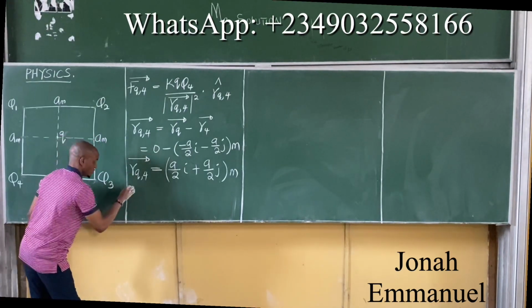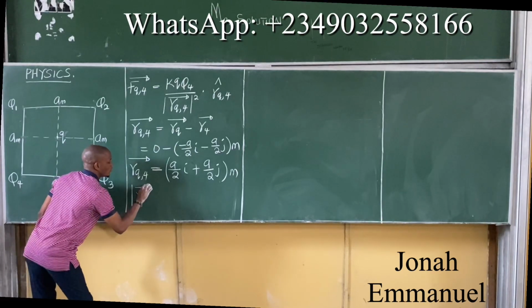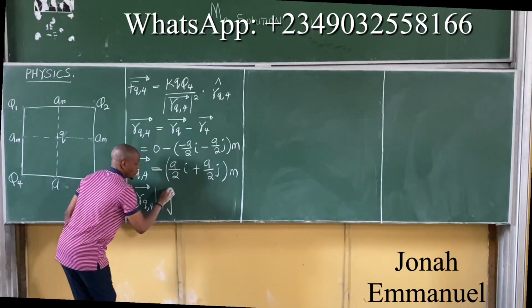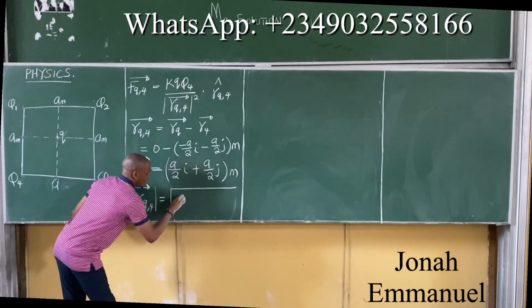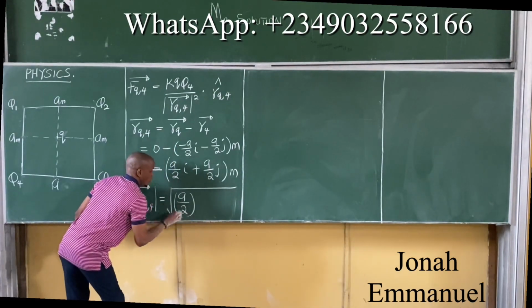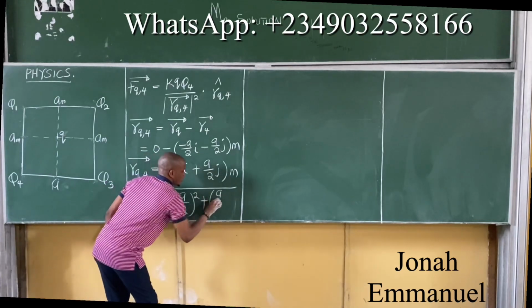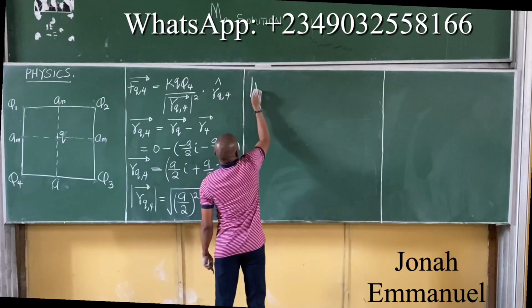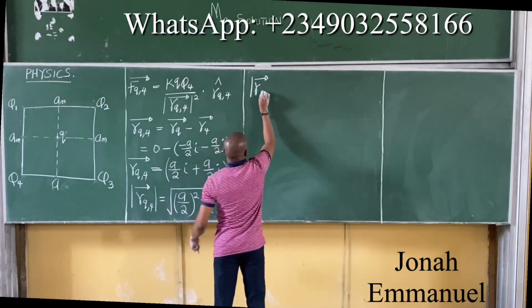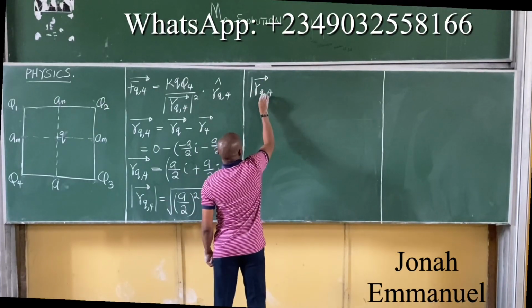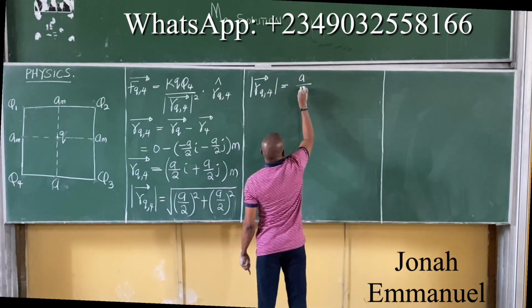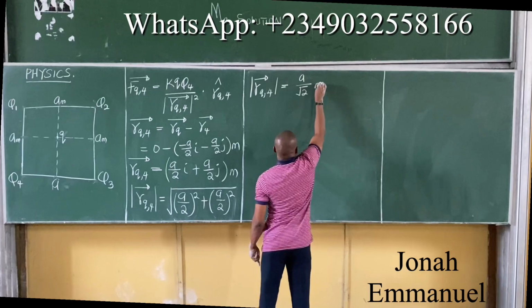Get the magnitude. The magnitude of RQ4 we said is equal to the square root of this square, so A over 2 all square plus A over 2 all squared. At the end, we know that this is equal to A all over root 2 in meters.